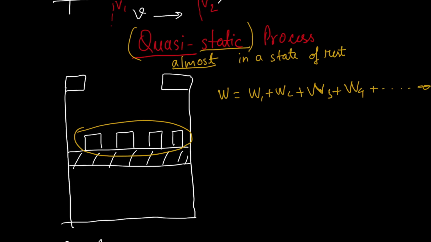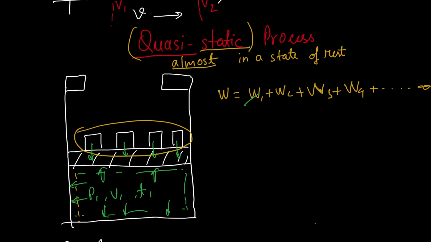So infinite means many small weights. And now I have the gas here. Again, P1, V1, T1 is the initial condition. It is exerting this pressure, has a volume, and all these weights exert a downward force on the piston, stopping it from moving upward.